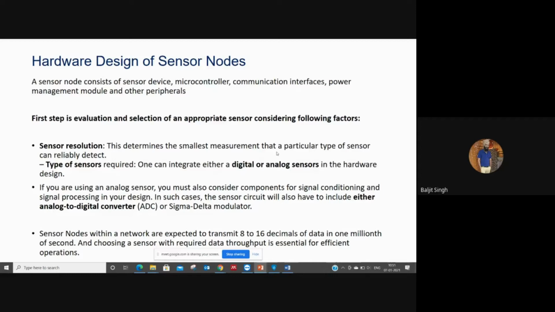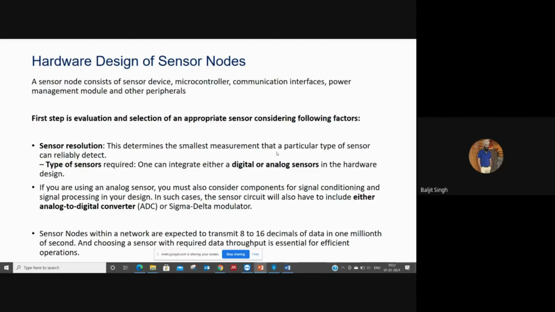You write code for storing the data. And if it is an analog sensor, then you need to interface that analog sensor output to some ADC, analog to digital converter, and accordingly get the data stored.